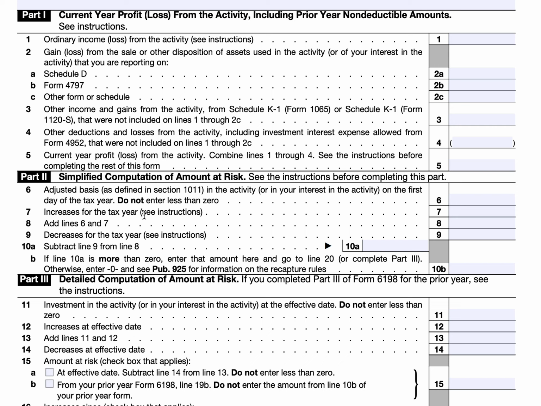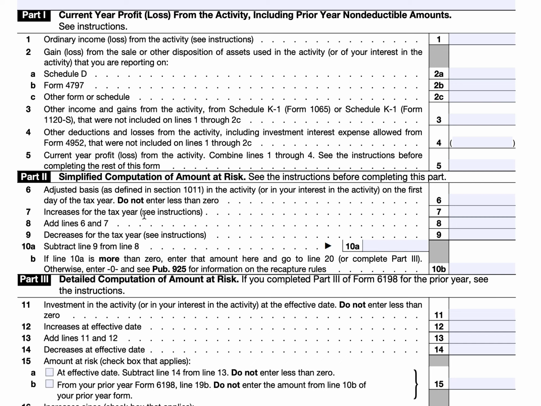So 1, the net fair market value of the property that you own, which secures non-recourse loans used to finance the activity, to acquire the activity, or to acquire property used in the activity. Generally, the net fair market value is determined when the property is pledged as security for the loan.